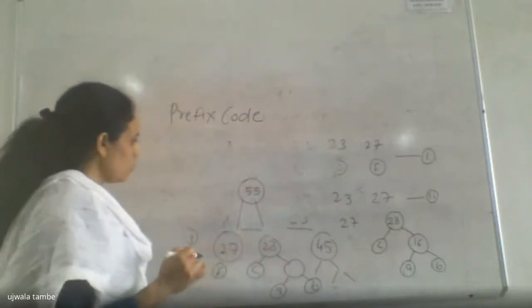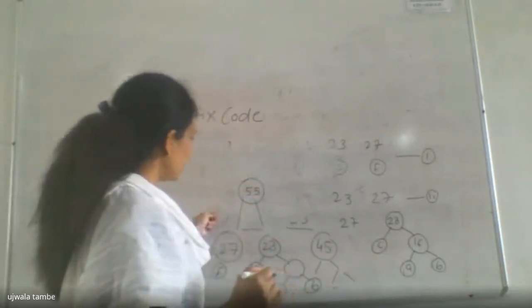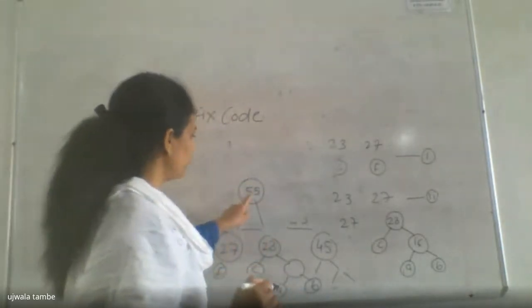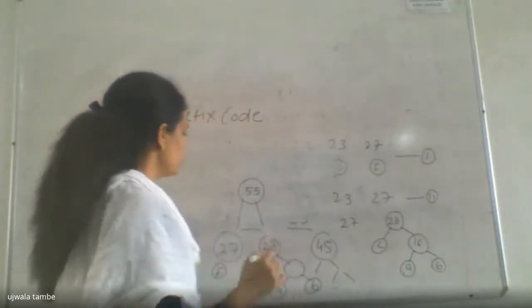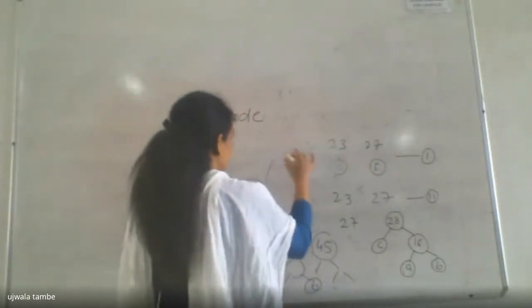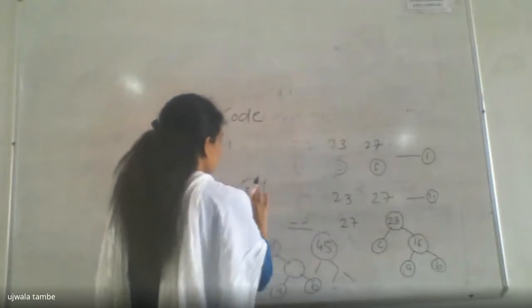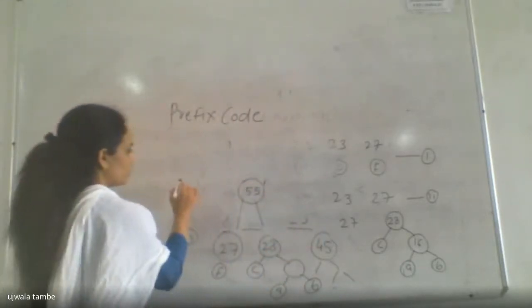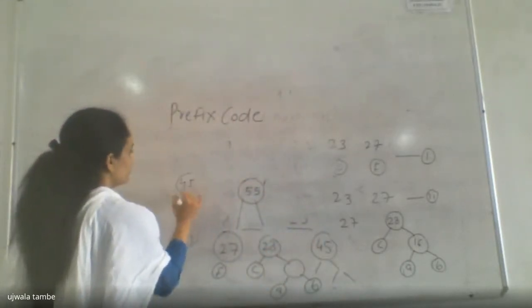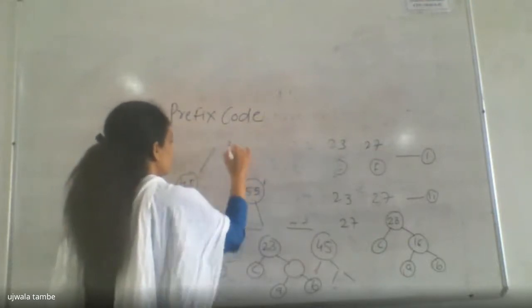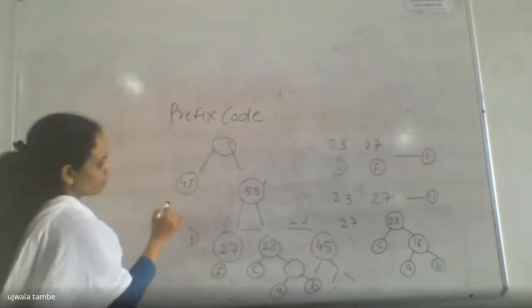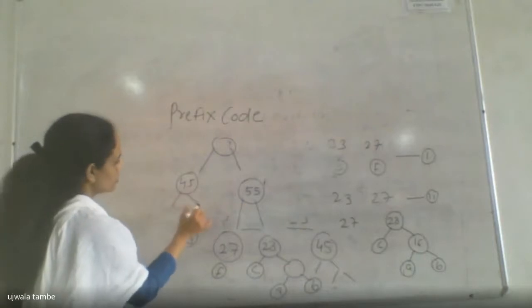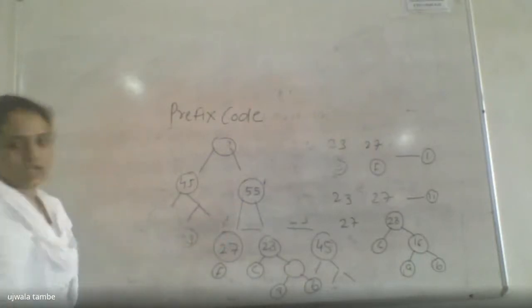Now after that, only two nodes remain, 55 and 45. So add 55 and 45 together. 55 is greater, so keep 45 over here, add these two nodes and 45 along with all sub nodes like this, and take the addition.